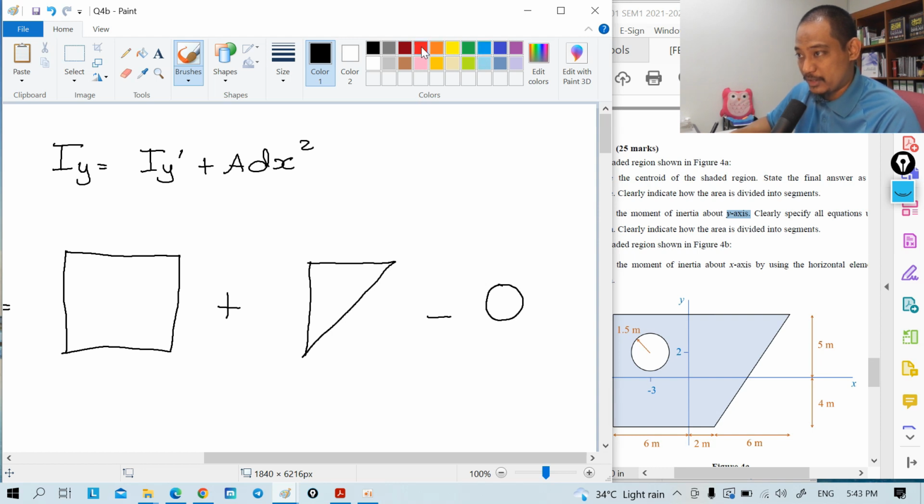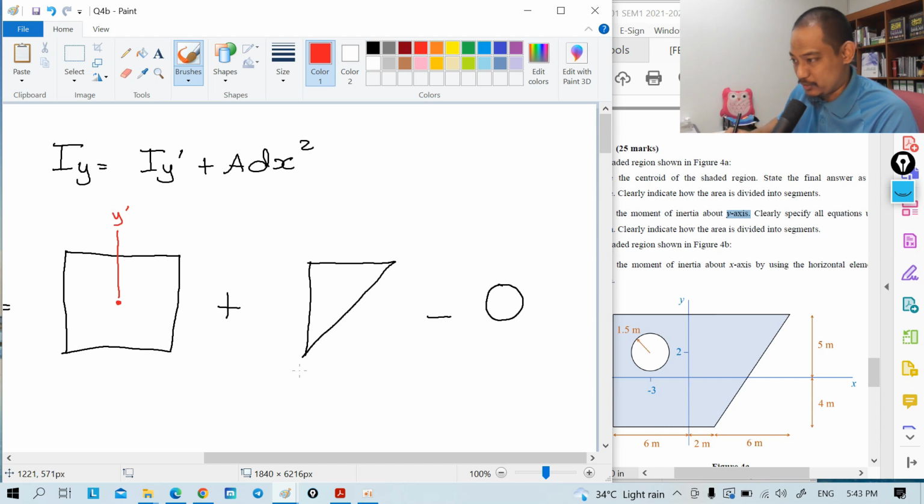So for the axes, there are two axes that are important. One is its own centroidal axis. If this is its centroid, so this is its axis, right? This will be y prime. And the axis of the original question, this one, is 2 meters from the side, right?